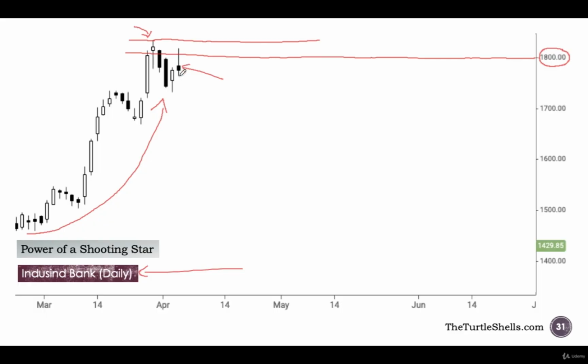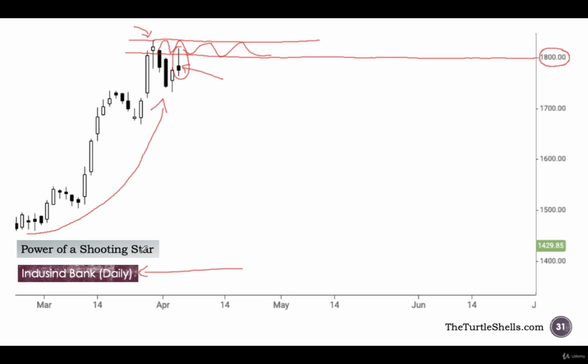The lower shadow is small, although I would have liked the real body to be a little bit down so that the lower shadow is even smaller. But still, given the fact that this candle is confirming both this resistance line, or this resistance zone, I call it a shooting star because it is coming after a prolonged uptrend.